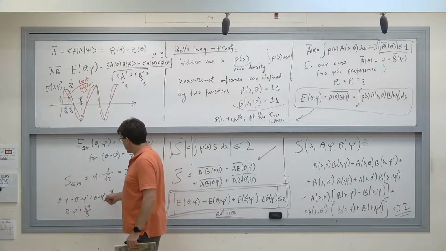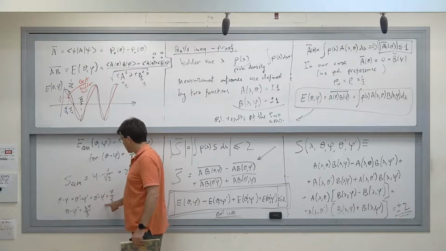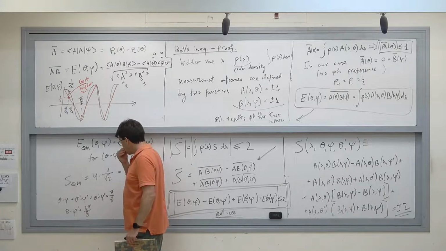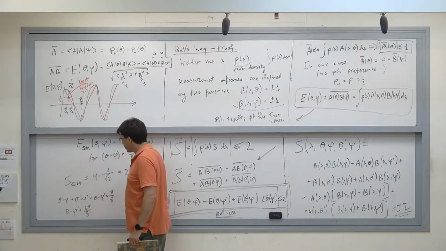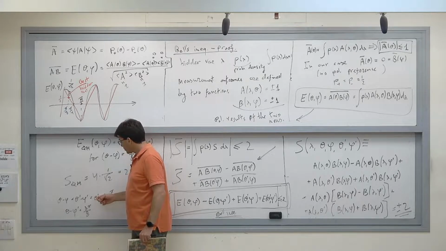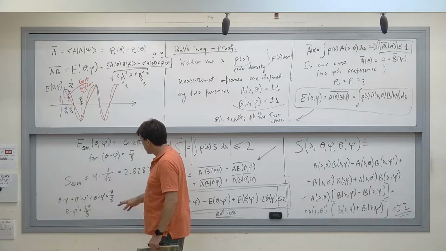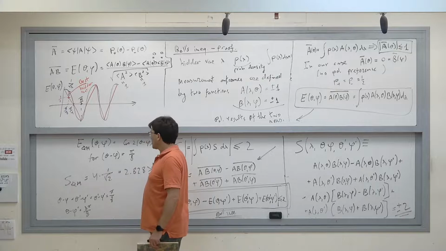Let's choose theta to be 0. If theta is 0, then phi and phi prime. Of course. Well, honestly, what am I doing?